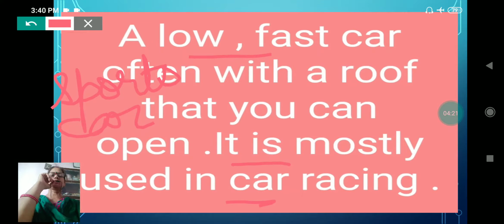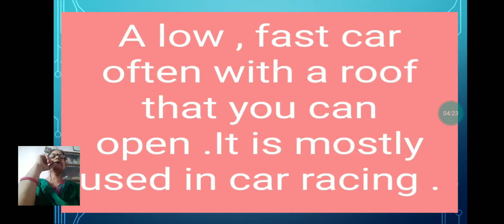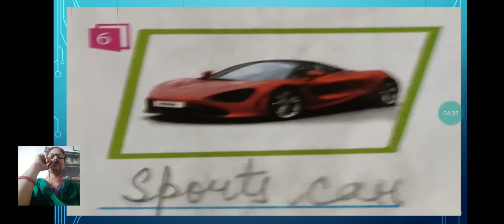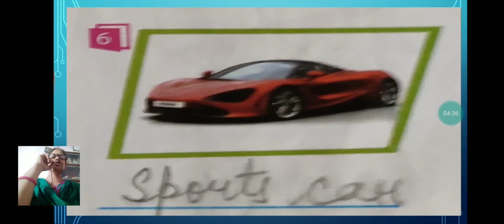You can see the leaders also use this type of vehicle so that they can open the rooftop and visit the people, shake hands with the people. But with a sports car, mostly you will see roofs are open. So this is the sports car.